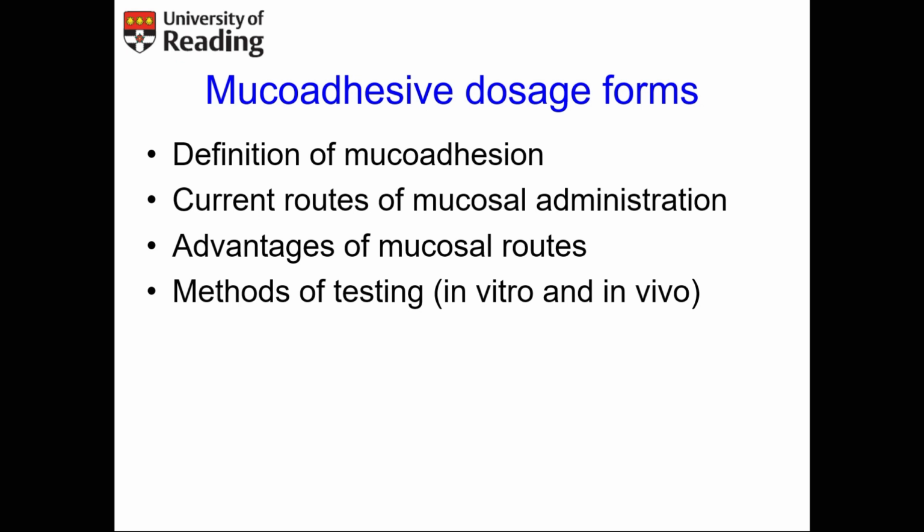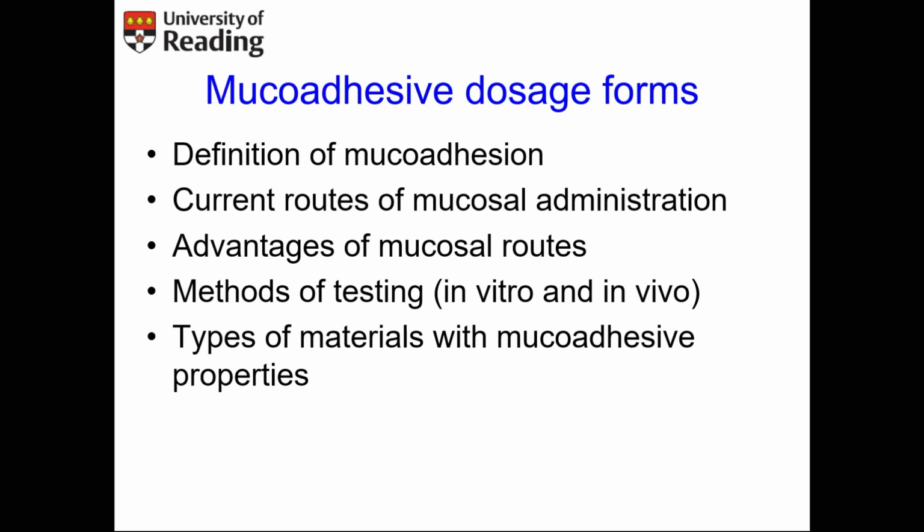There's also a flow test that could be used when you will put a formulation on an animal mucosal tissue. You wash it with an artificial body fluid and you monitor how much of the formulation stays on the tissue. Or sometimes in vivo techniques could be used. For example, some laboratory animals could be used to test the retention of dosage forms or adhesion of dosage forms.